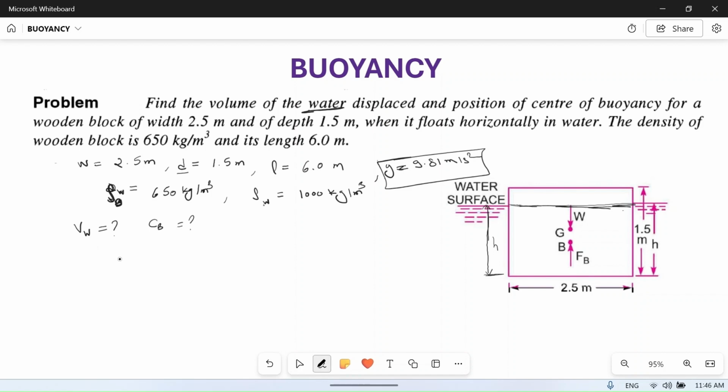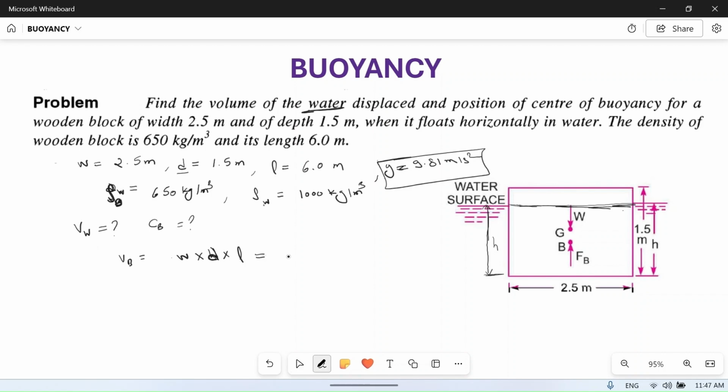First we will calculate the volume of the block. This is not cubical because it has a rectangular cross section and then a length, so it will be equal to width into height into length, or you can also call it depth.